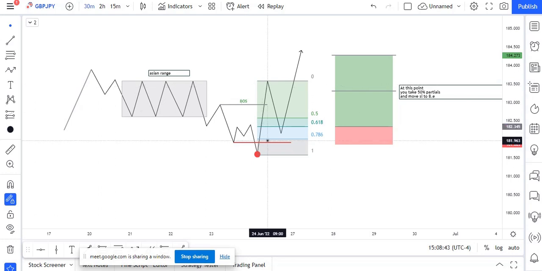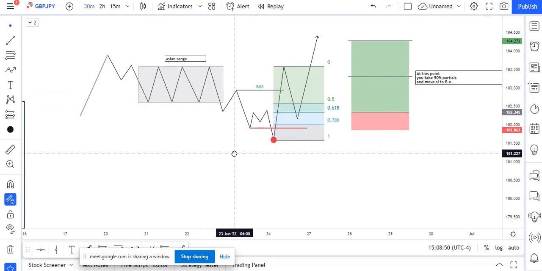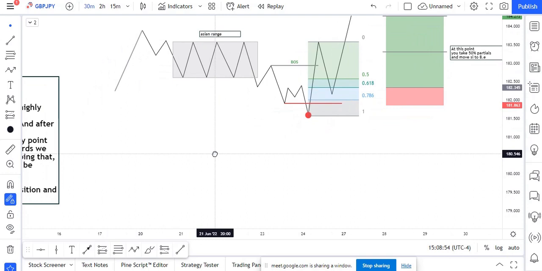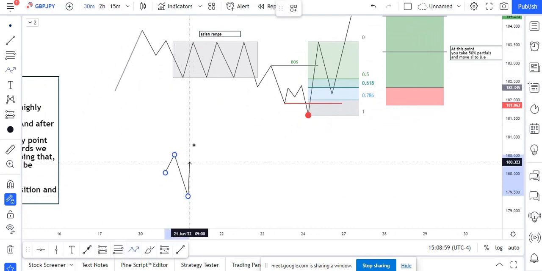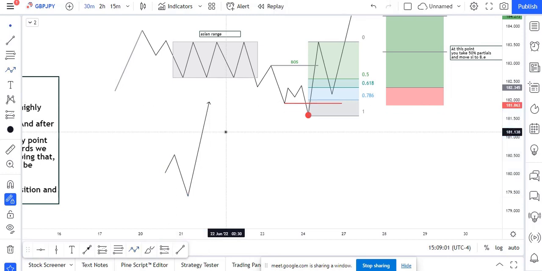For example, in this specific setup, we had this momentous move. So let me just grab this.